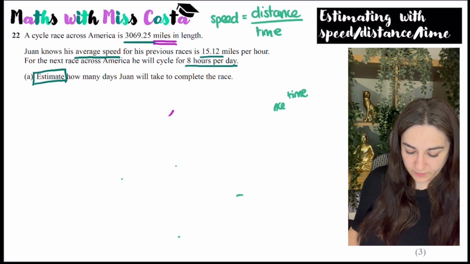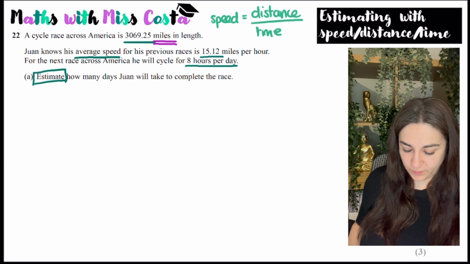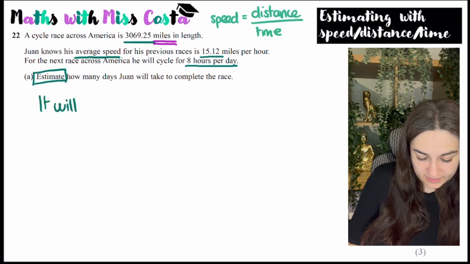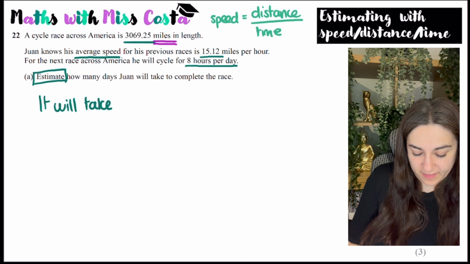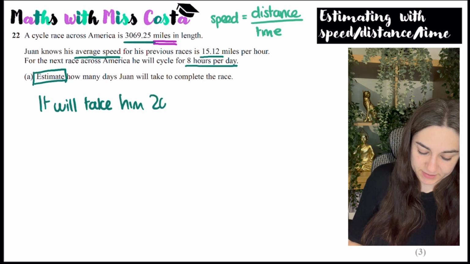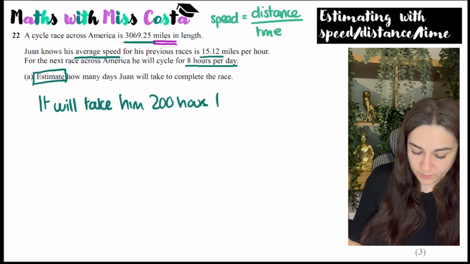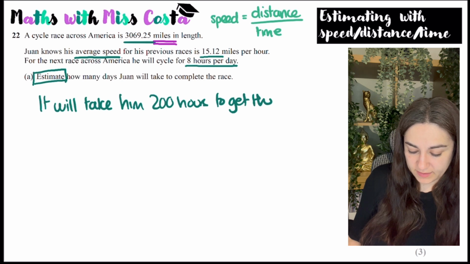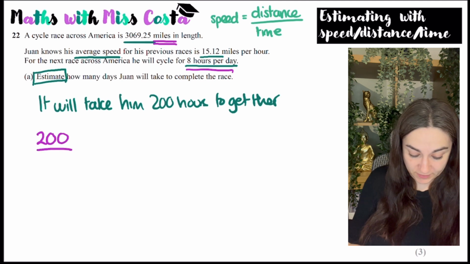So if I know that it's going to take him 200 hours to get there, I can then think about how many days it's going to take. So it will take him 200 hours. And I know that he can cycle 8 hours per day. So I'm going to have to do 200 divided by 8.